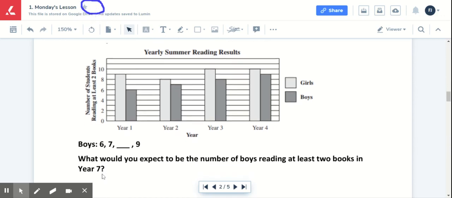Our question here is asking, what would you expect to be the number of boys reading at least 2 books in year 7? So these numbers on our y-axis represent the number of students reading at least 2 books.